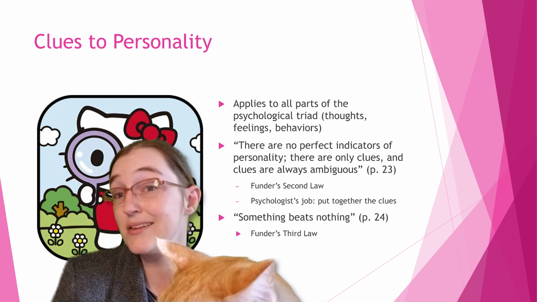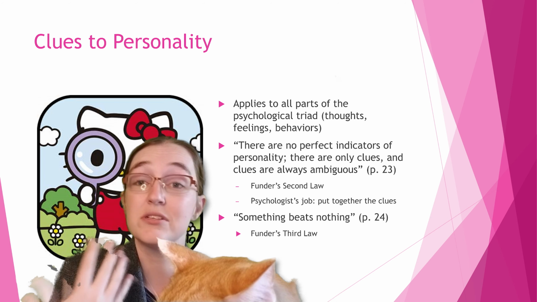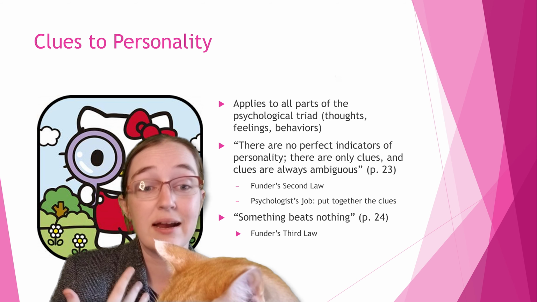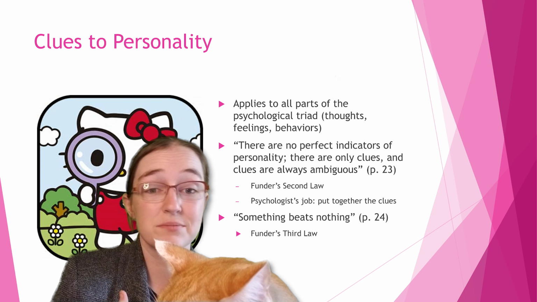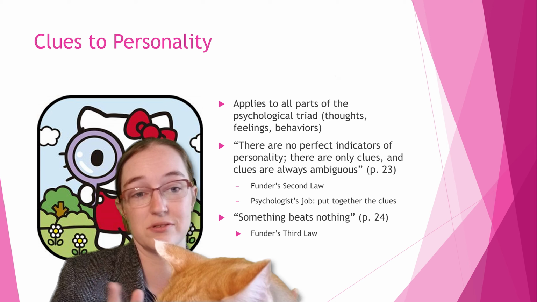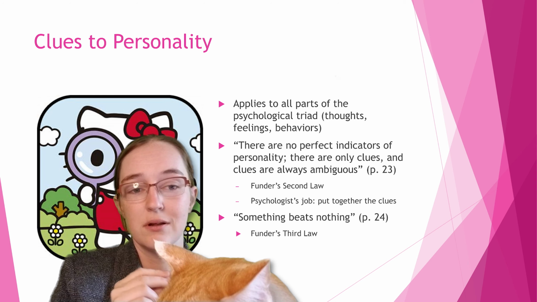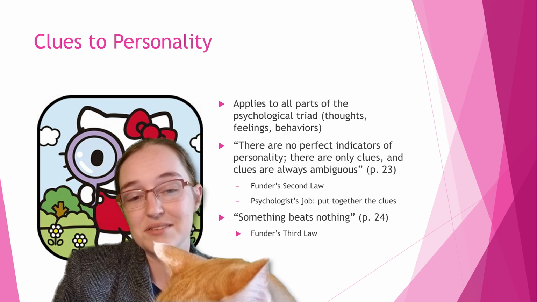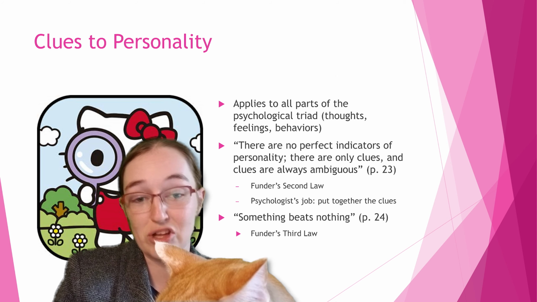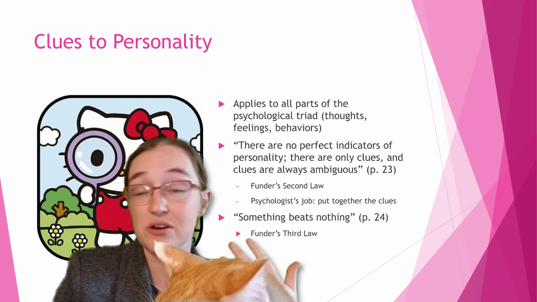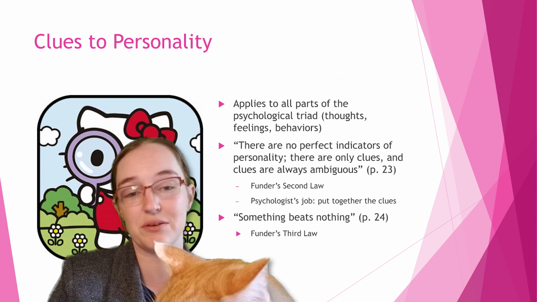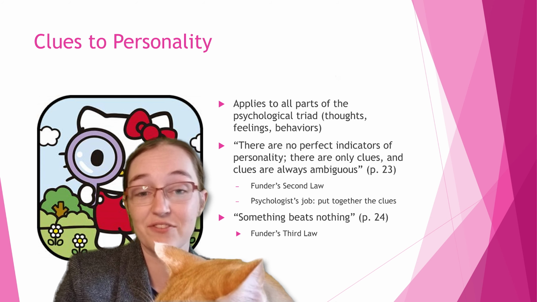A psychologist's job is to put all those clues together and interpret them correctly. And there aren't any perfect measures. There's no perfect clue. Otherwise, we could just use our eyeballs and find that floating 5. And this is where Funder's law comes in. While we don't have any perfect measures, it's not like height, we don't have something really unambiguous, we still have information.